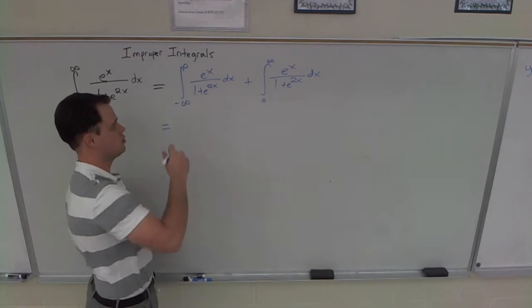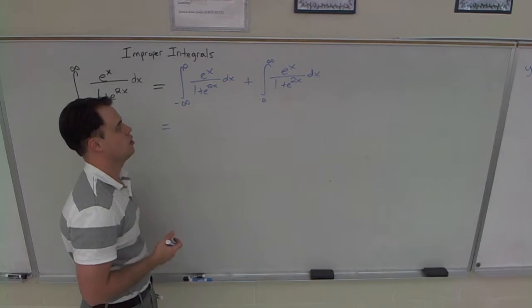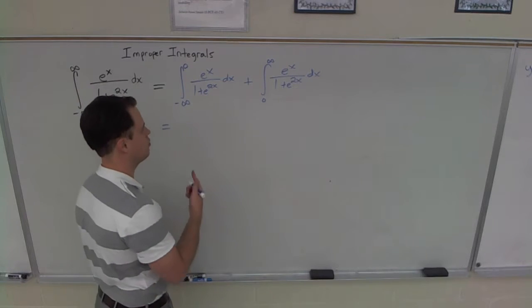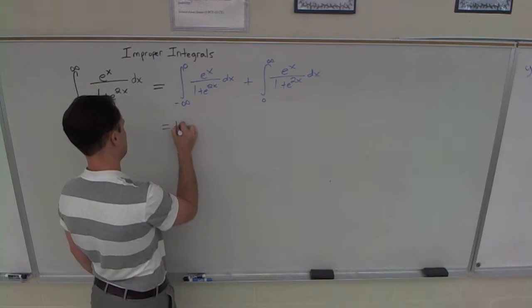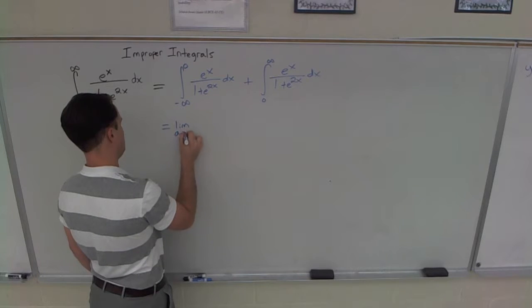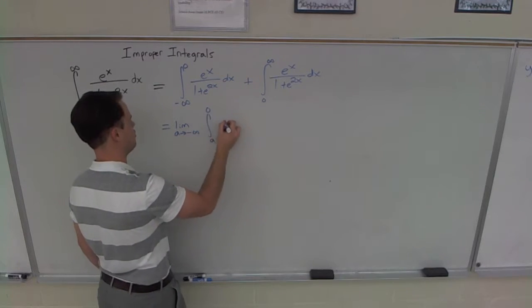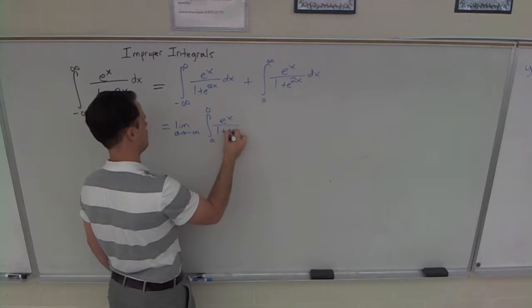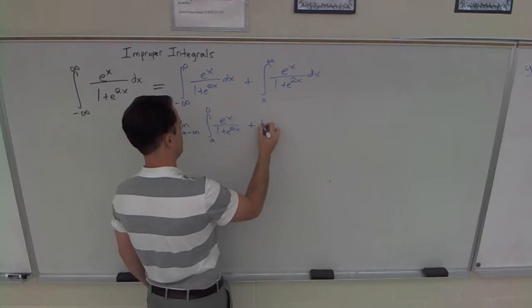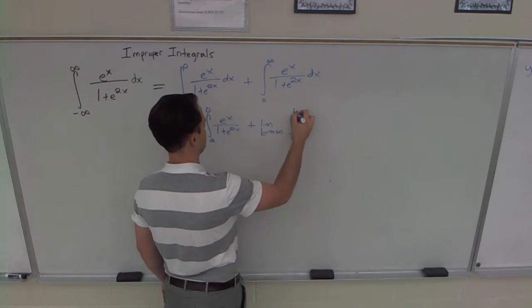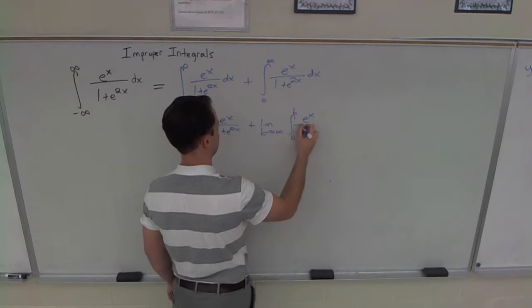Now, of course, you could turn this integral around and go from 0 to negative infinity with that negative trick that we learned, but let's just go backwards. So this time we're going to say the limit as a approaches negative infinity from a to 0 of the stuff. And what we've been doing, b approaches infinity from 0 to that b value of that same stuff.